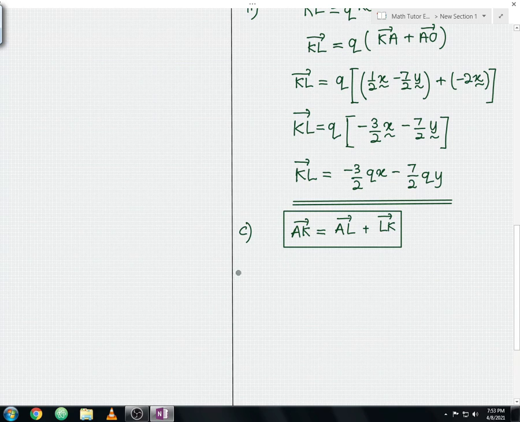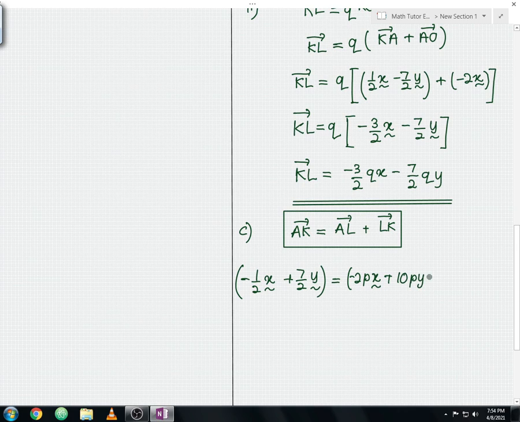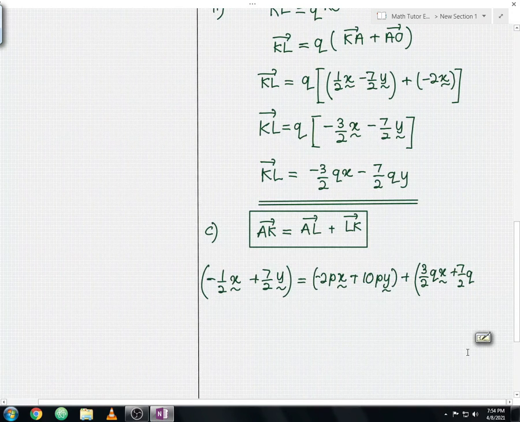Vector AK in this case is negative half x plus 7 over 2 y, and then equals to vector AL, in this case negative 2px plus 10py, and then plus 3 over 2 qx plus 7 over 2 qy.